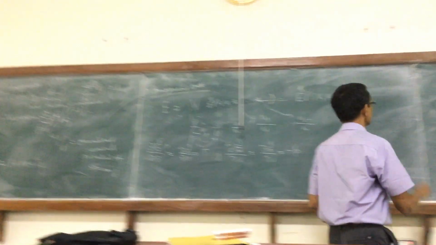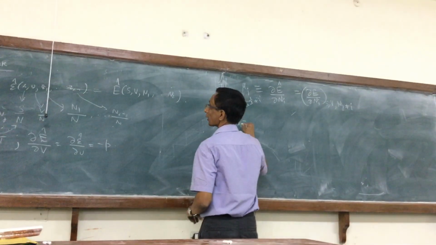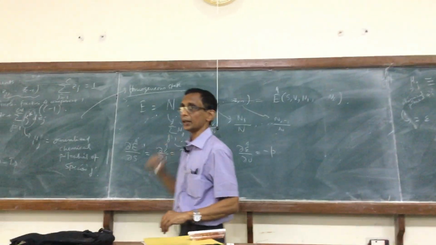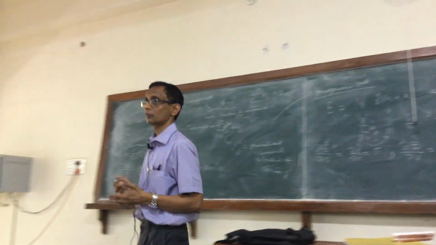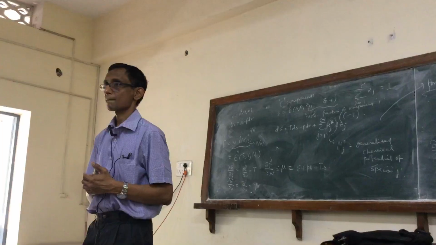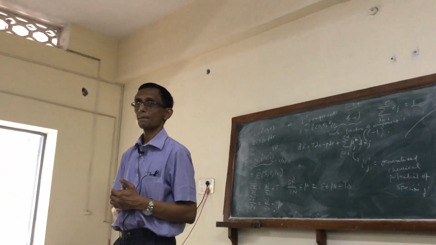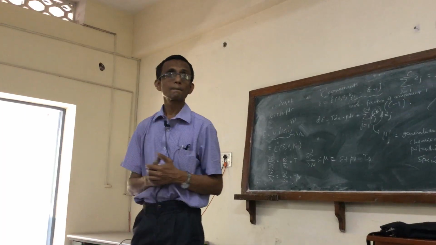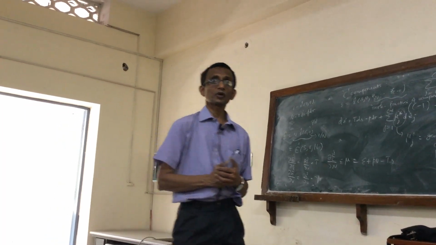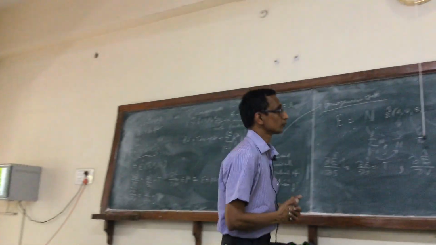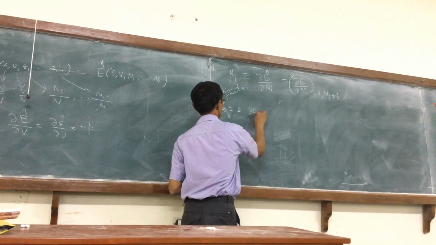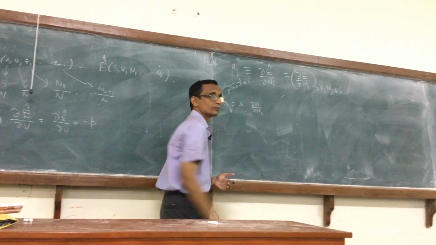The easiest is to first write it as E times d by dNi of N, which is E times dN by dNi.